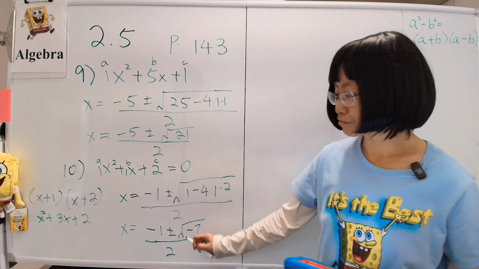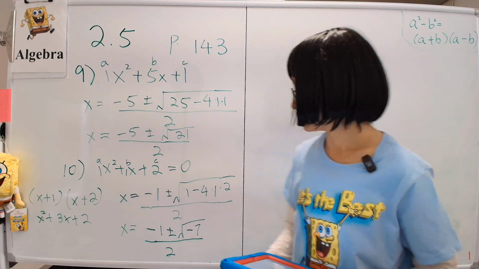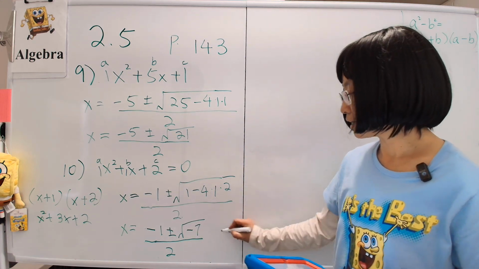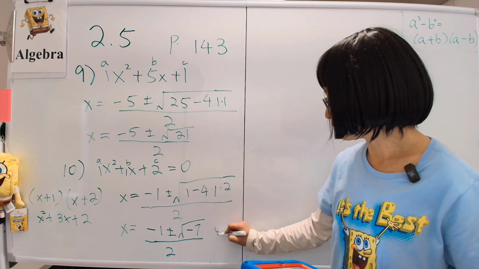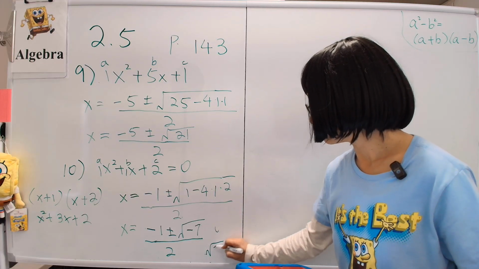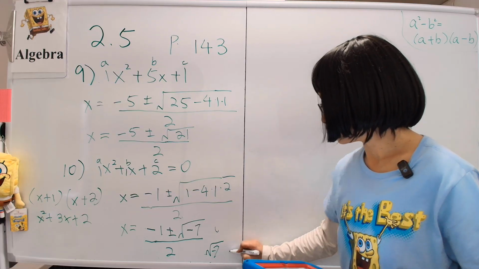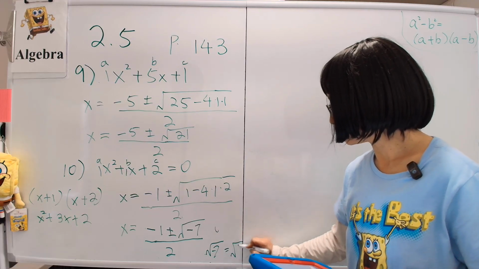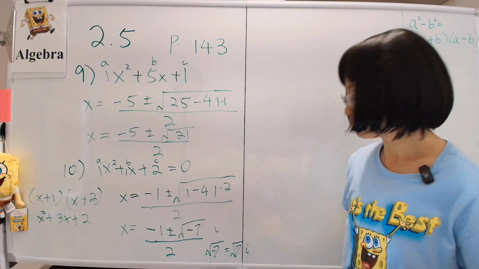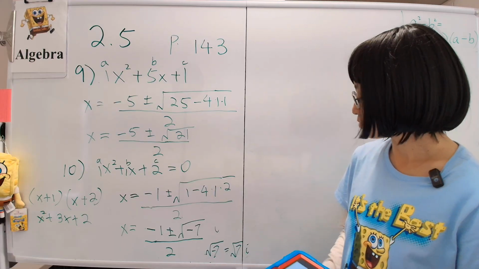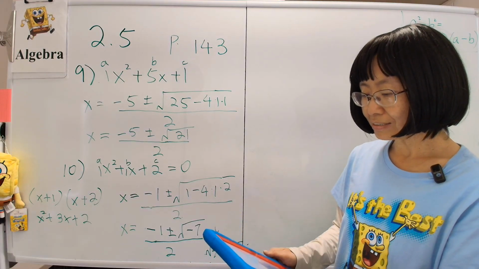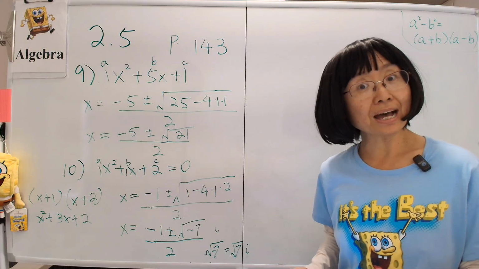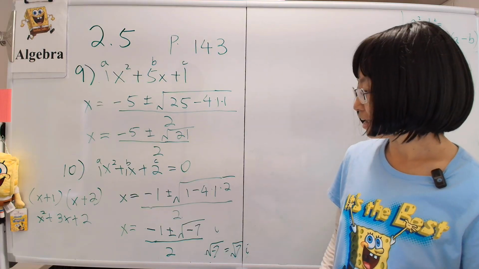Now remember what the square root of negative 7 is. You take i times the square root of 7, from the complex numbers we learned in the previous section. So the answer here is, you still have two answers, but they have i's in them. But other than the i, nothing's different.